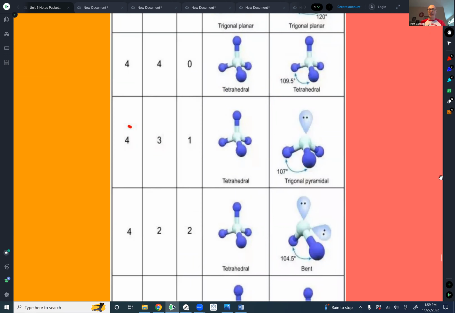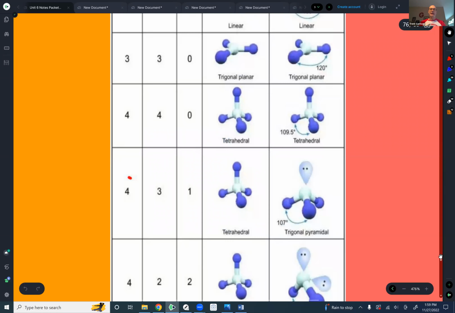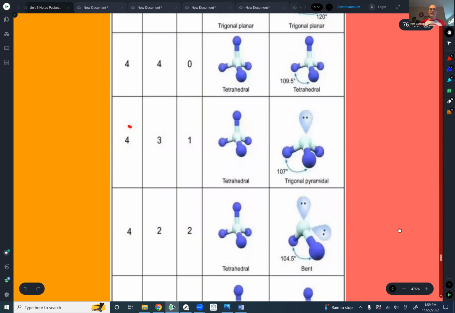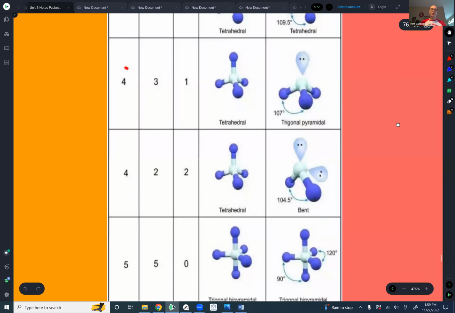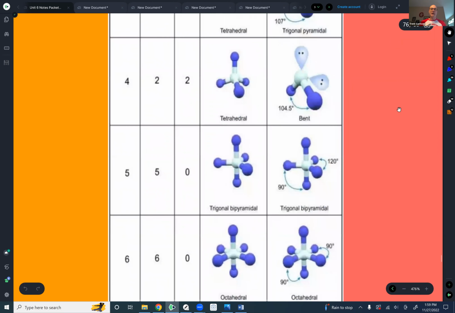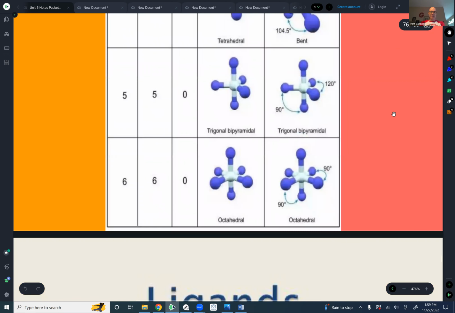So we started off and we learned that there are these ones that are linear, bent. We talked about trigonal planar, trigonal pyramidal. We talked about tetrahedral. Well, now what I'm going to introduce to you is this opportunity for just a few more atoms around it. And when this occurs, we have these bottom 2 options here.